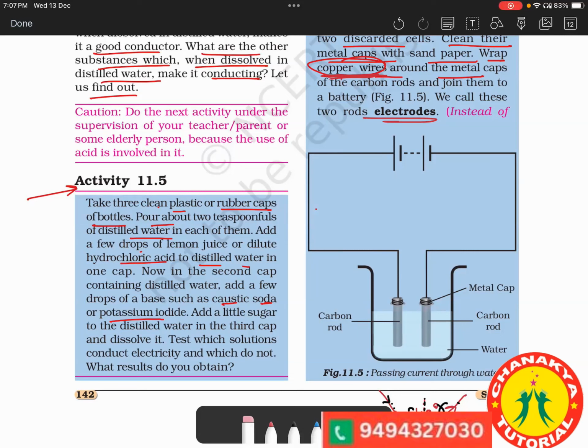You can say that electrodes are those metal rods which are used for chemical reaction. Okay, chemical reaction in a liquid. Metal rods used for chemical reaction.